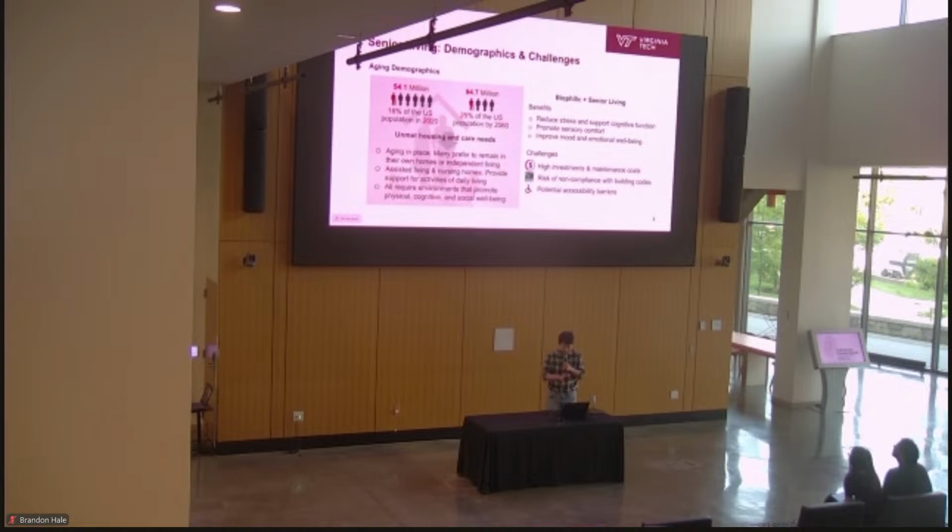So that's defined as older adults, right? And these numbers are projected to be 94.7 million by 2060, and that's 25% of the population by that time. And this growth of population will create a housing and care need, right?